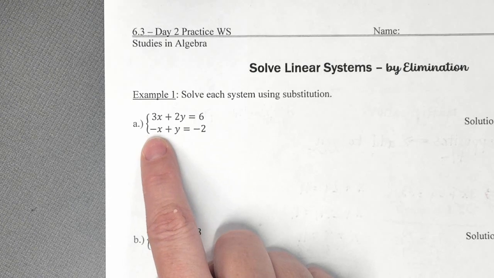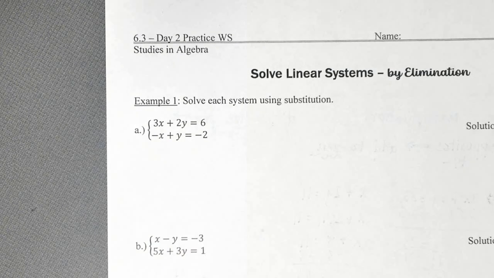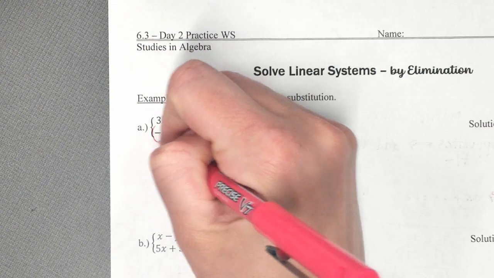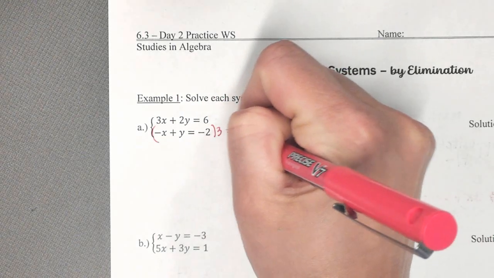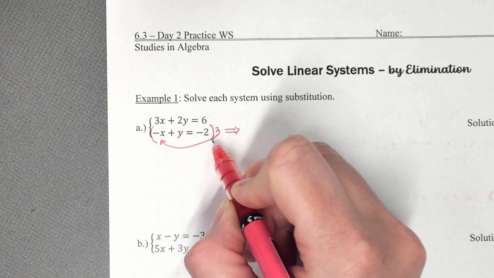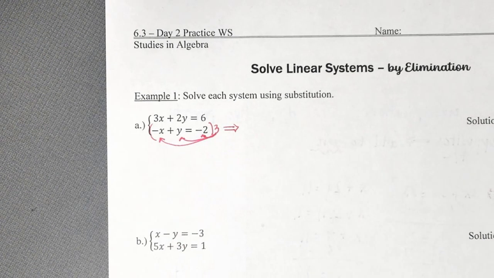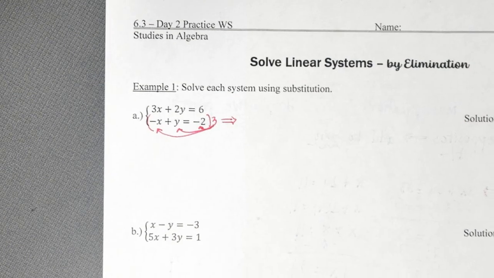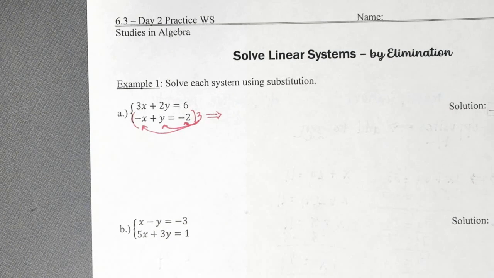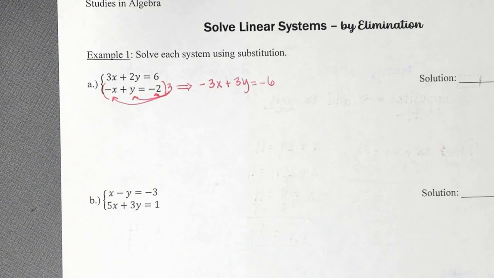So what should I multiply by to get -3x? 3. Yes, good. Okay, so let's just multiply everything on the bottom by 3. And again, you're always doing that distribution. Okay, so I'm going to give you a minute to do that. All right, and if you want to double check and make sure you multiplied by 3 correctly, this is what you should have.